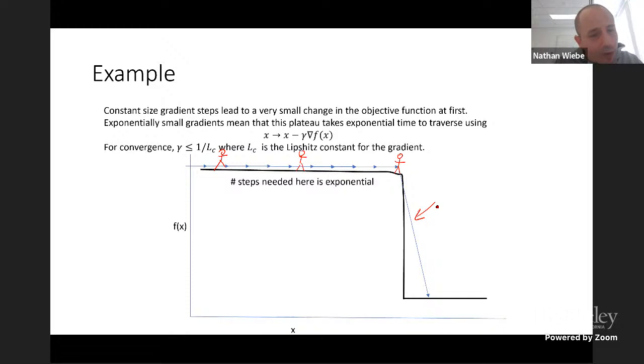We have to make that everywhere because the runner has no idea in practice when they're going to step over the edge of the cliff. So if we've got a large Lipschitz constant for our derivative, but we end up in a region that locally has a tiny derivative, then gradient descent requires us to take a ton of tiny little steps, and it takes an exponential time to navigate this barren plateau.